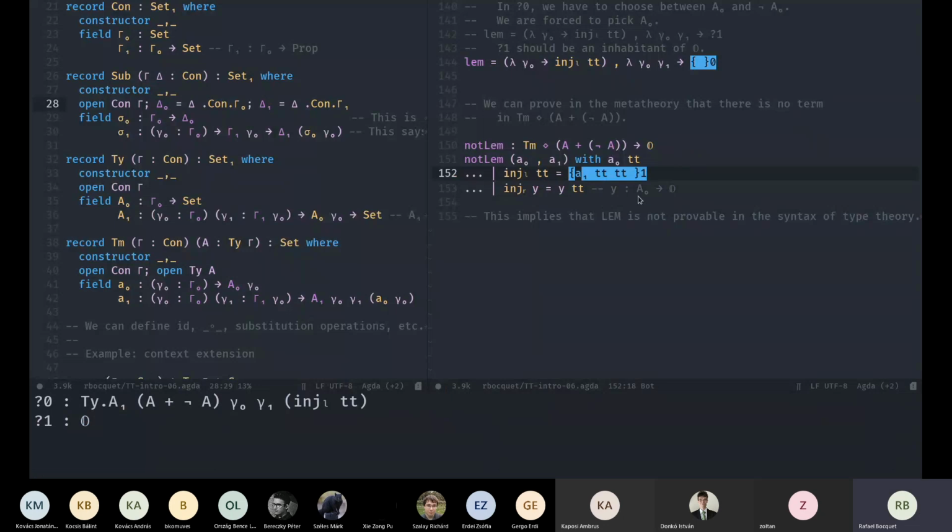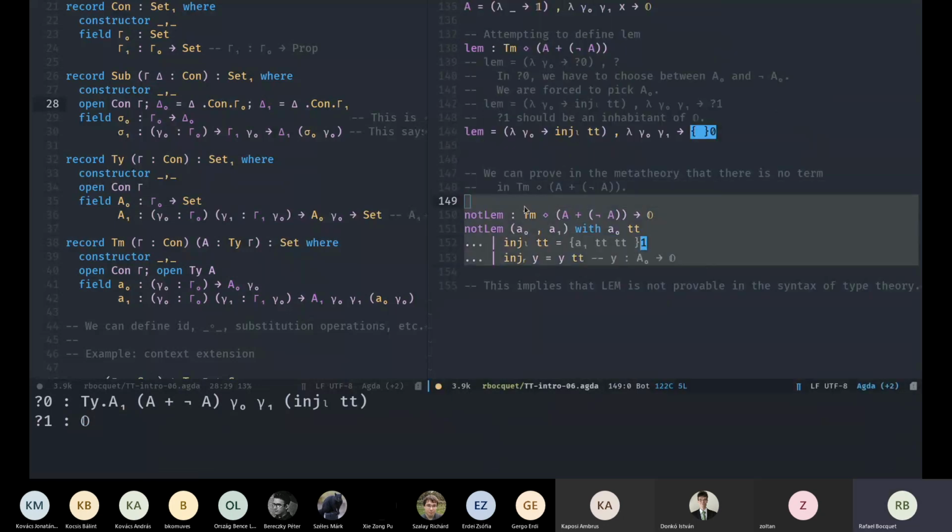Okay. Yeah. So this is almost a full proof. We just need to convince Agda that it's correct.